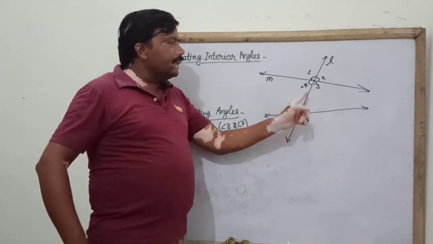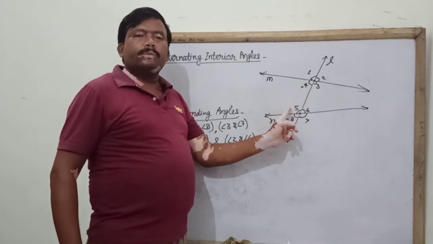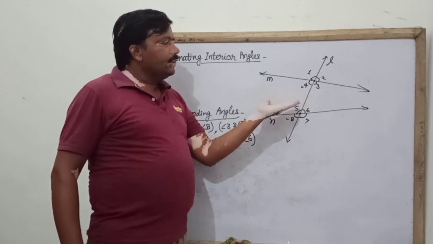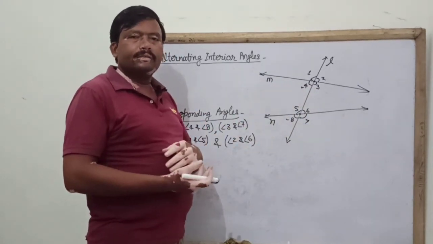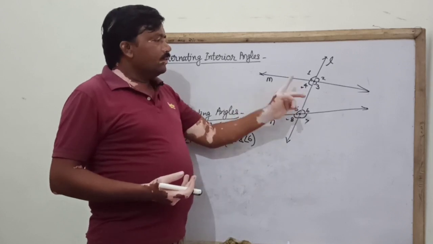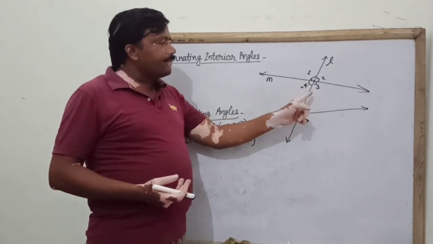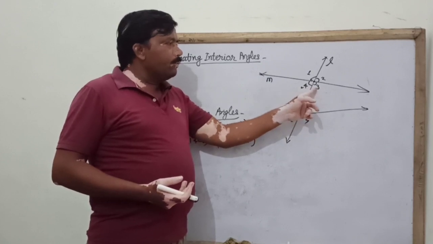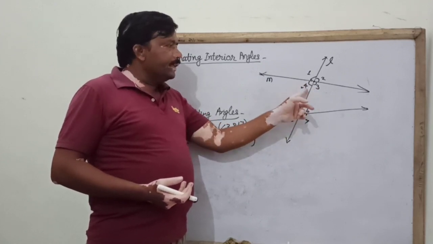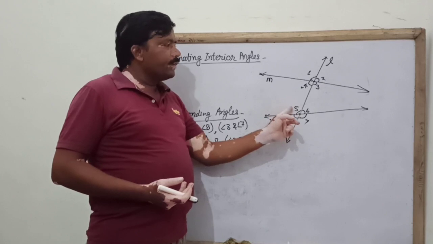And for alternating angles we can also change the direction. Then the alternating angle is found after leaving one angle. If we move here 1, 2, 3, leave it, 3 and 5.